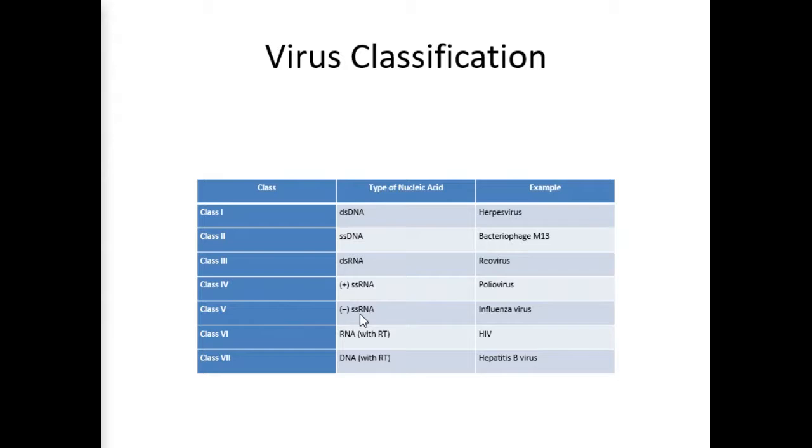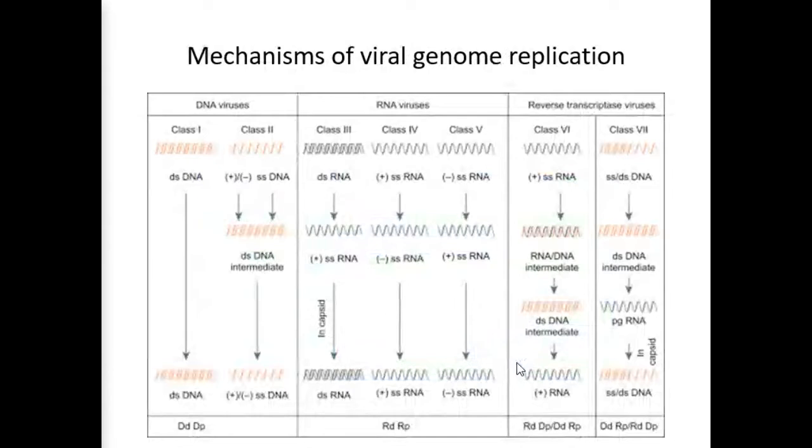Some are enveloped, some are naked. It's like influenza virus, that's negative single-strand RNA. Then we have class 6 and 7, reverse transcriptase RNA and reverse transcriptase DNA. HIV is class 6. Hepatitis B is class 7. So this is the Baltimore classification.